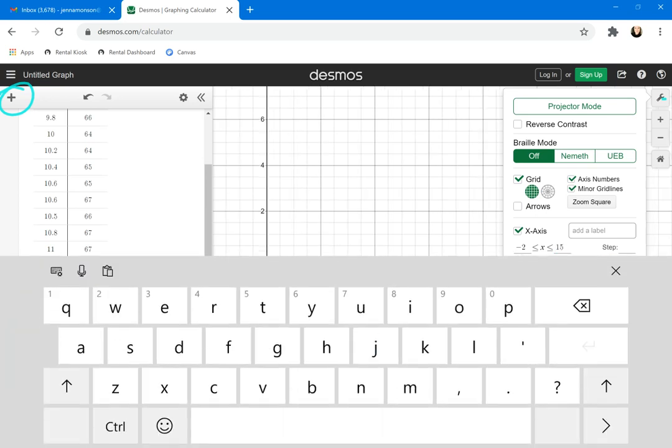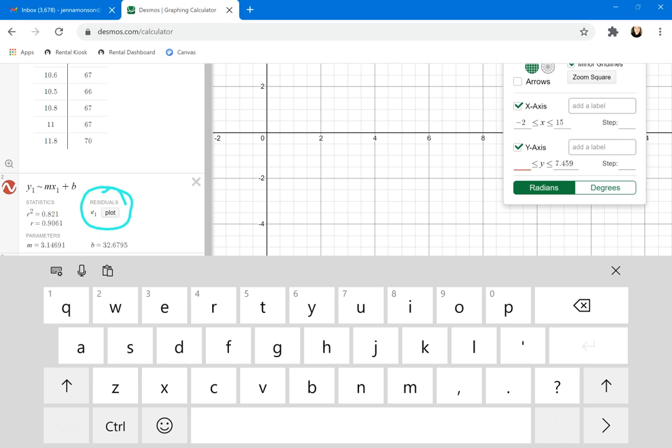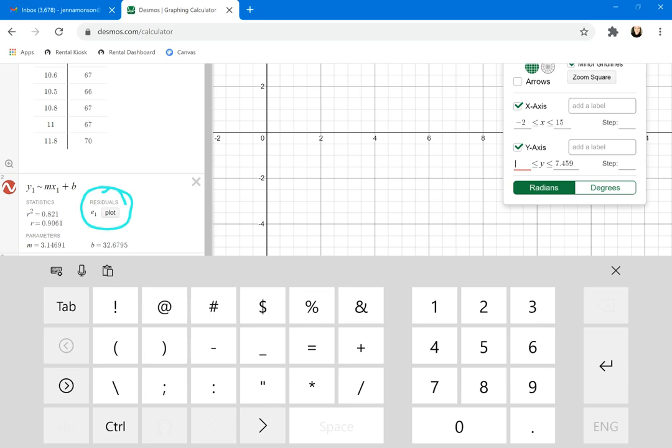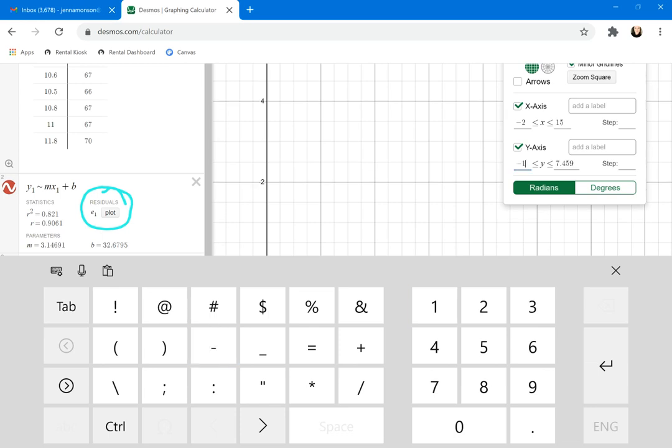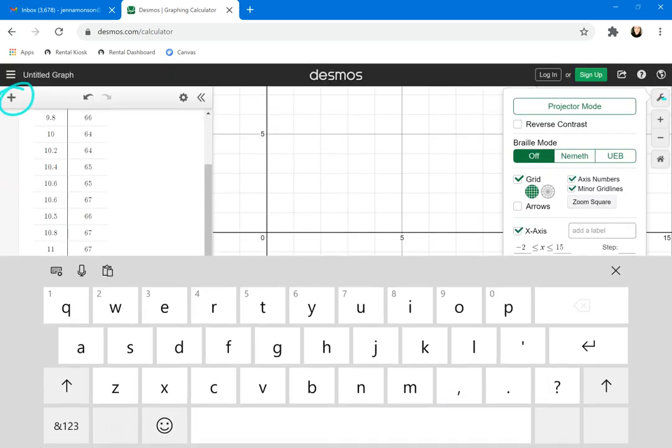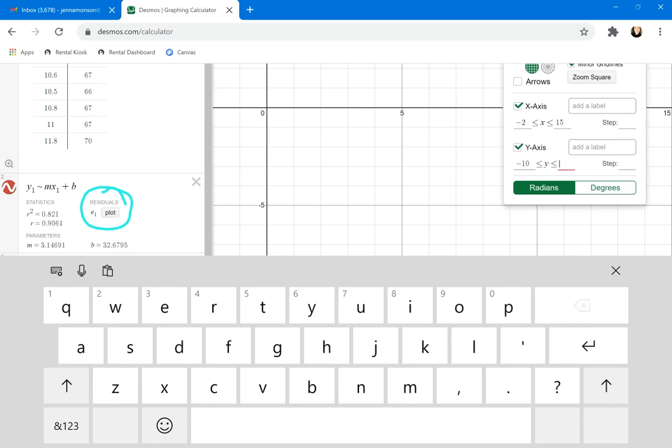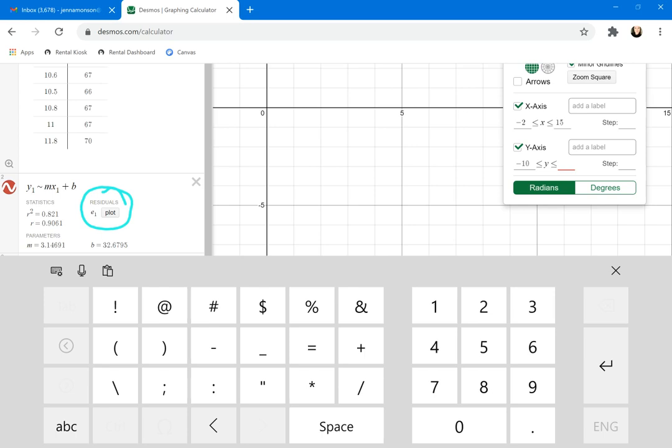And then for the y-axis, it looks like it's a range between kind of like 60 to 70-ish. But again, I want to see the axes here, so I'm actually going to do -10 to, let's say, 75. You don't have to do these exact numbers, but you might see why I want to see the axes in a second.